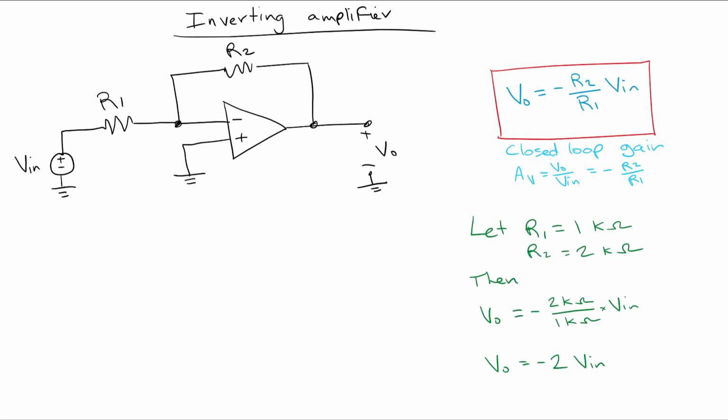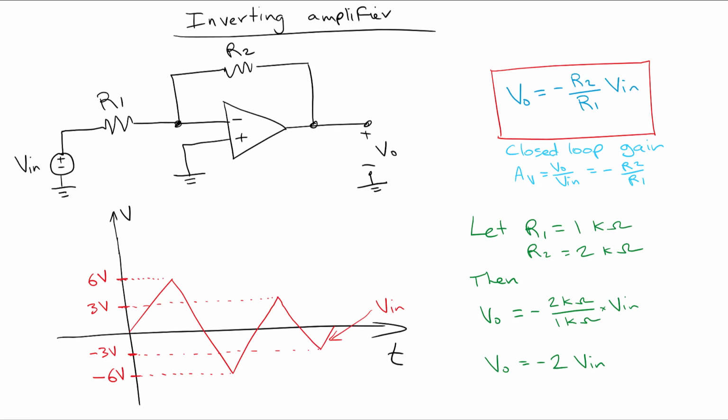Let's consider an example where R1 is equal to 1 kilo ohm and R2 is equal to 2 kilo ohms. Then V out is going to be negative 2 kilo ohms over 1 kilo ohm, times V in, which works out to minus 2 V in. So we know the closed loop gain is minus 2, but what does it actually mean?